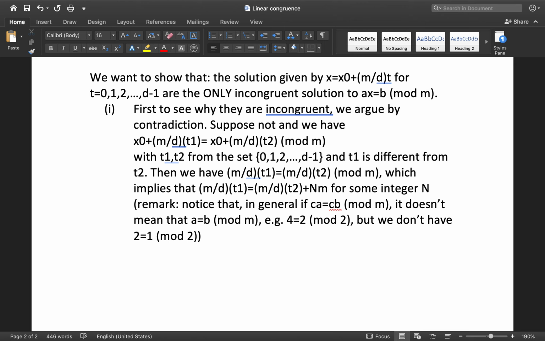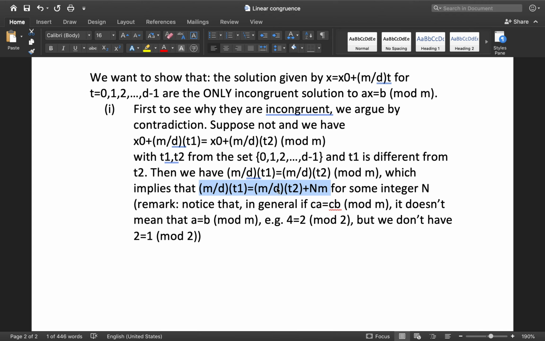Anyway, so we go back to the problem. Now we have this. For this problem, that is important because this is not a congruence relation anymore. The part I just highlighted is an equation. So that's why you can do whatever you like as long as you're not dividing by 0. For example, you can cancel m, right?